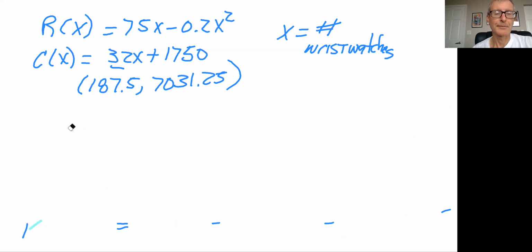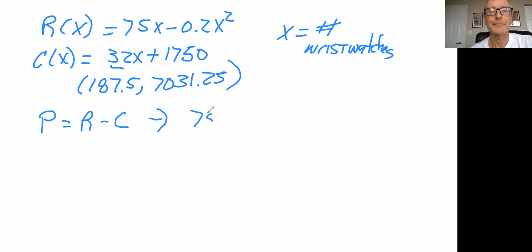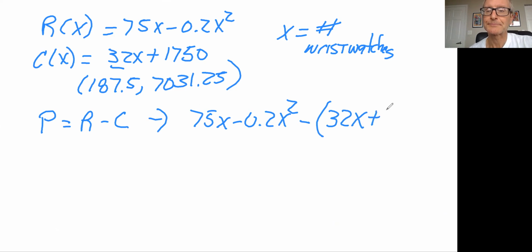So there we go. The profit equals R minus C, revenue minus cost. So this would be the revenue of 75x minus 0.2x squared, and you subtract the cost, which makes sense, right? Money coming in, money going out. And so you subtract the cost.